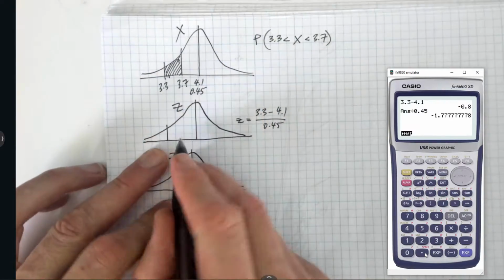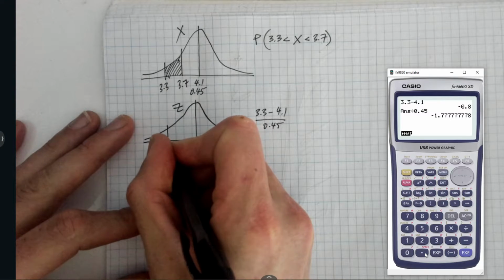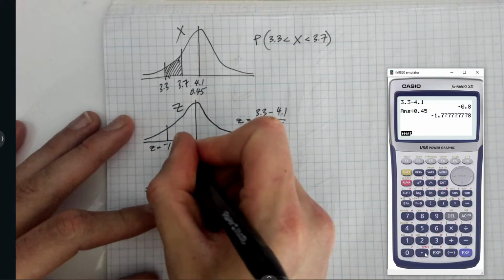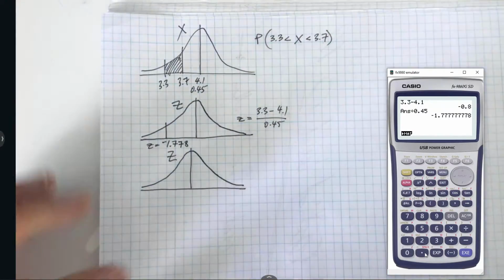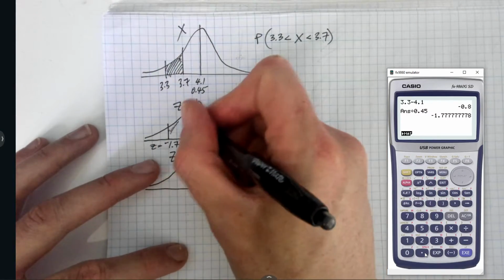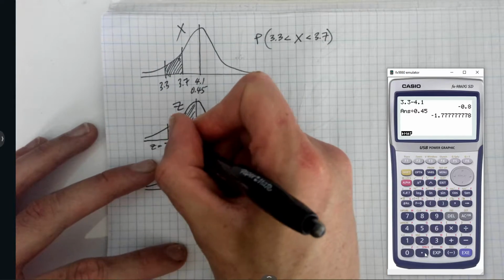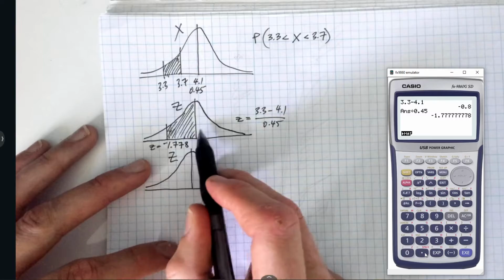So this Z value here is negative 1.778. Remember, round to the third dp. Okay, so that Z value is going to correspond to this area here.